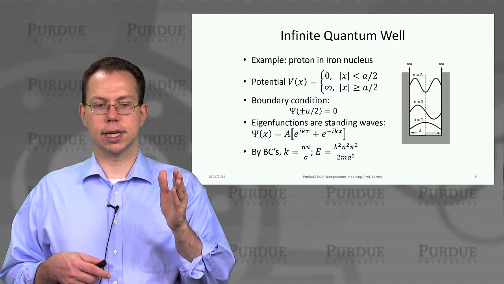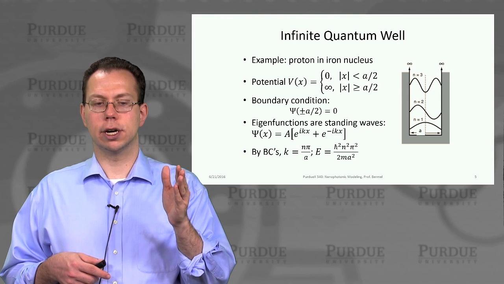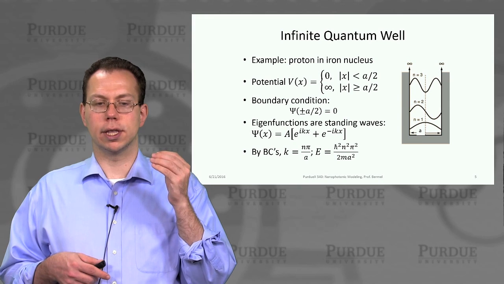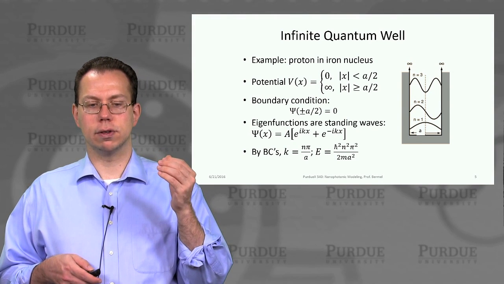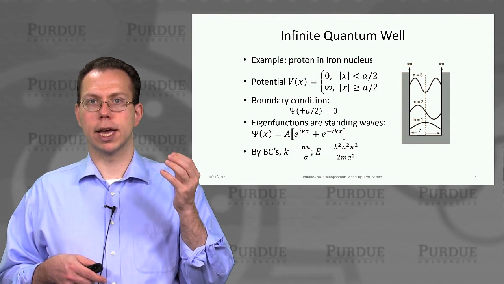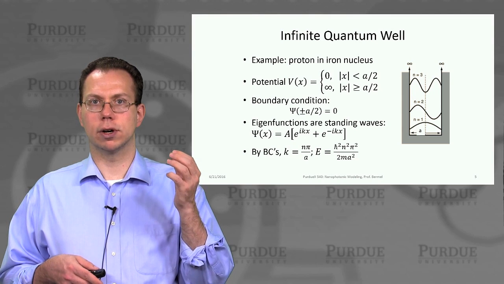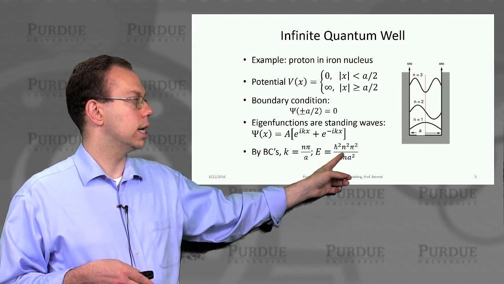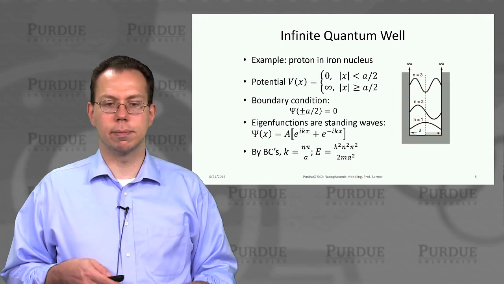And so that tells us that k would be integer n times pi over a, if the well has a length of a. If you plug in the value that we expressed before for the energy as a function of k, h bar squared k squared over 2m, and substitute this k value, then you get E is h bar squared n squared pi squared over 2ma squared.